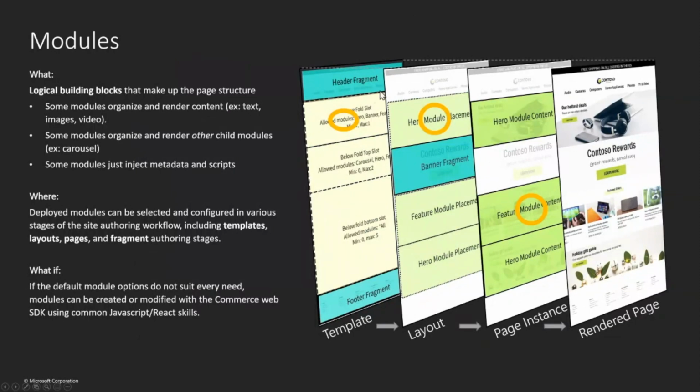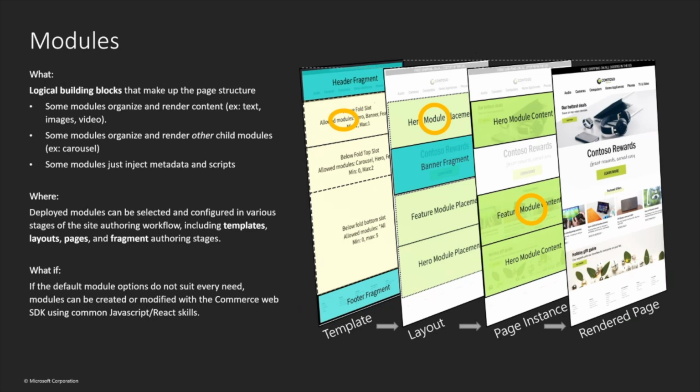You'll notice this referenced in all these different entity types. And what modules are, we've picked the term from the JavaScript library React, and the way they determine what a module is in that language is that it's a logical building block for your site. So you can think of that as some unit of reusable structure for a web page.